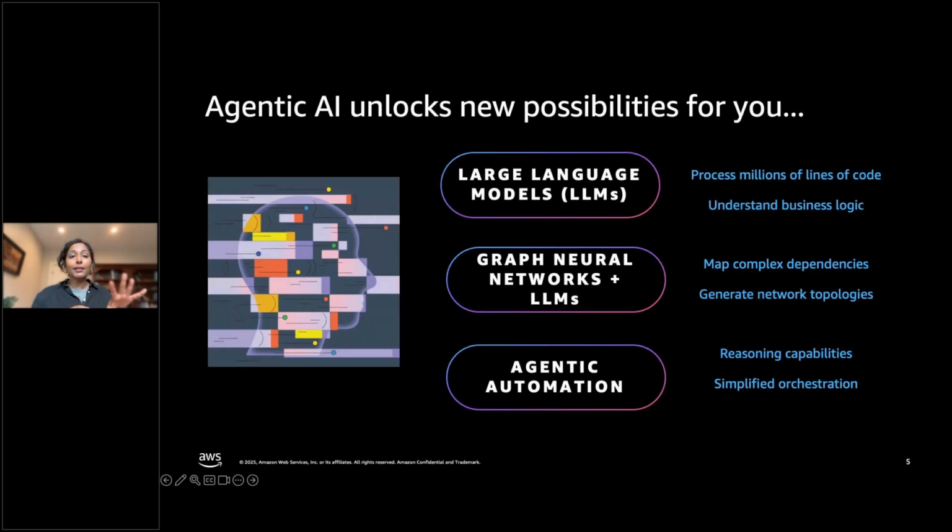When we combine this LLM-based approach with graph neural networks and formal methods, we find that we're able to produce highly accurate results for code transformation because we understand not only the semantics of the code, but also the structural elements of your applications and how different programs are related to each other.